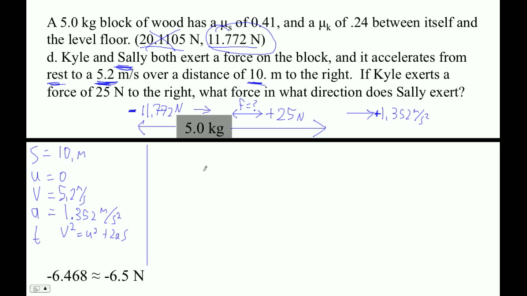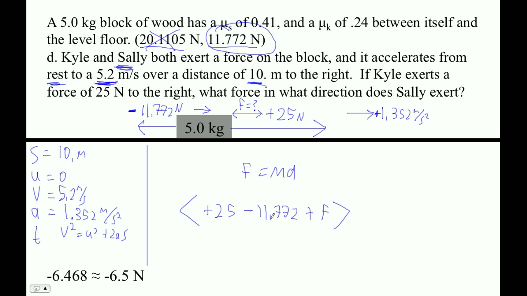We can set up the world's greatest F equals ma expression. So F equals ma. The forces are positive 25, negative 11.772, and then the force that Sally's exerting, right?